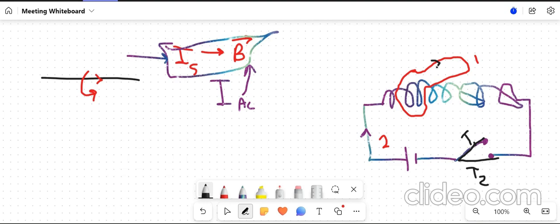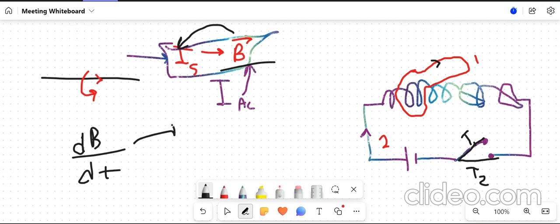So only at that time the magnetic field is changing. So it is not the steady magnetic field that is producing steady current, it is the varying magnetic field or change in magnetic field dB by dt that is producing induced current, that is producing induced EMF.